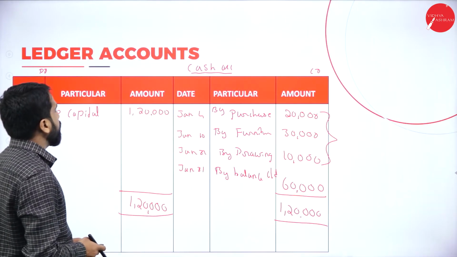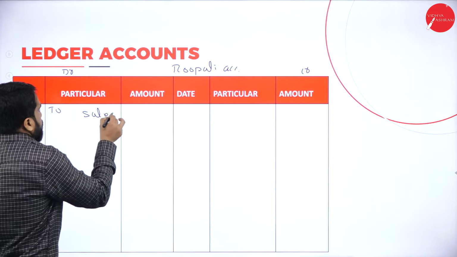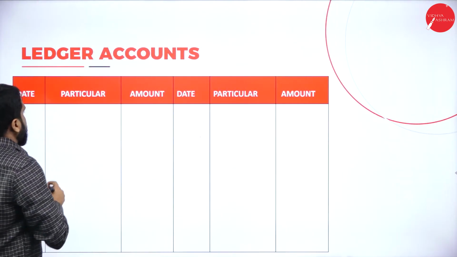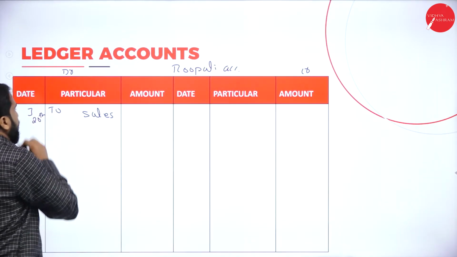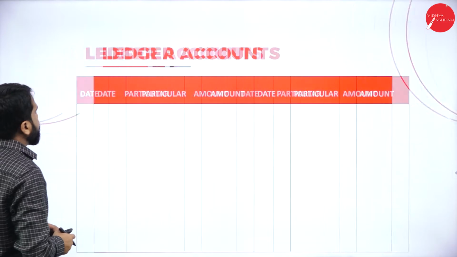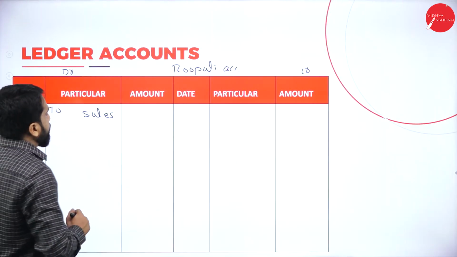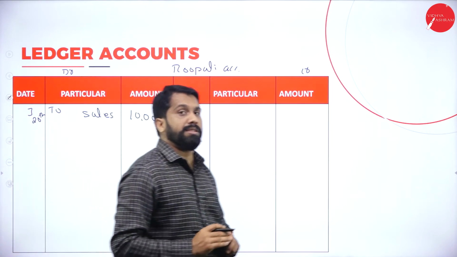Now, this must be to sales. What was the date? January 20th. Any doubt? No. What is the amount? Amount is 10,000.